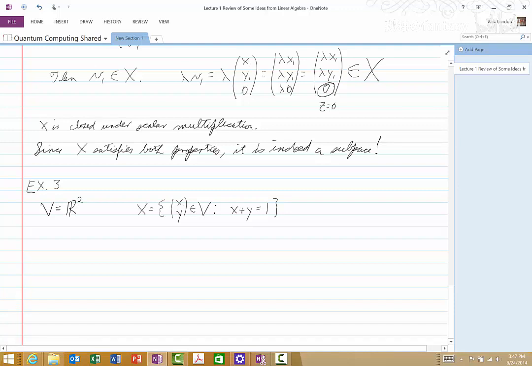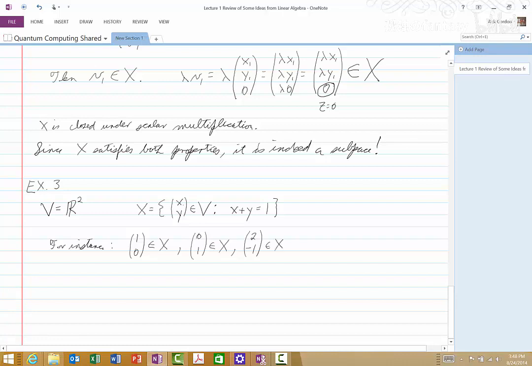Okay? And to make sure that you understand what I mean, the vector 1, 0 is in X, and the vector 0, 1 is in X, and 2, negative 1 is in X, and so on.